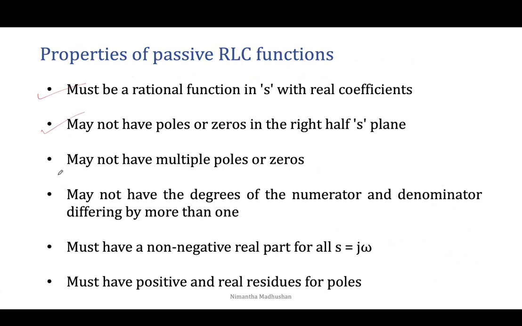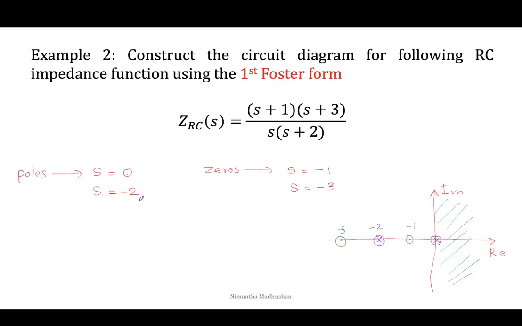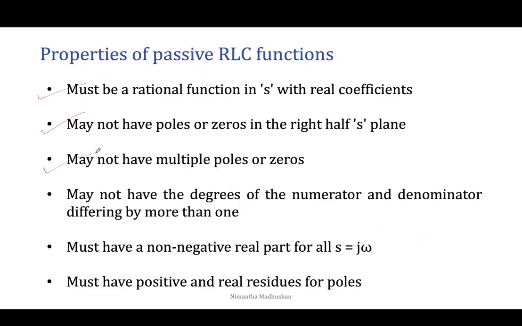And the third one is that it may not have multiple poles or zeros. There are no multiple poles and zeros. It is also satisfied.